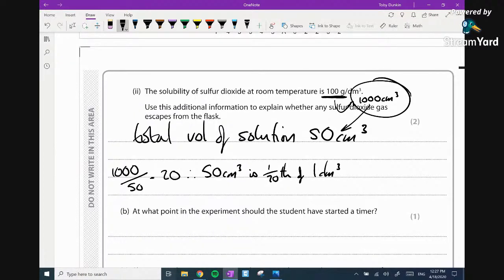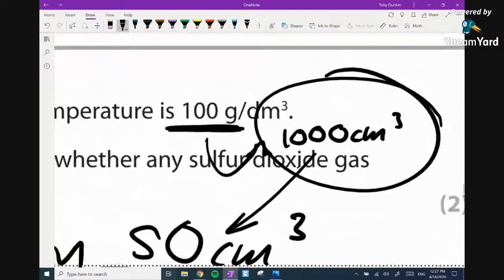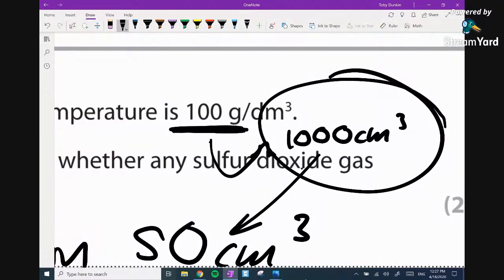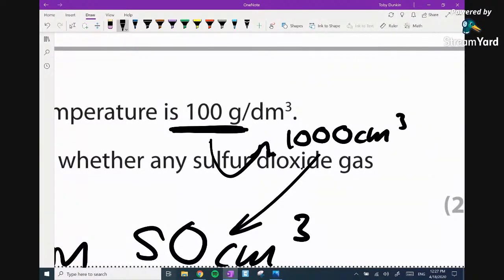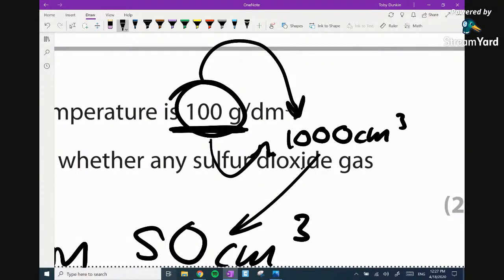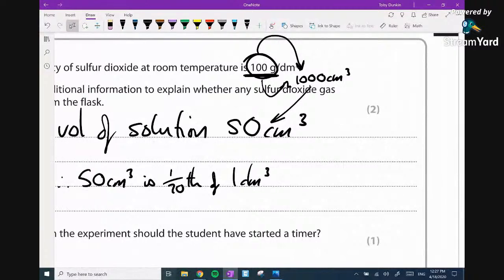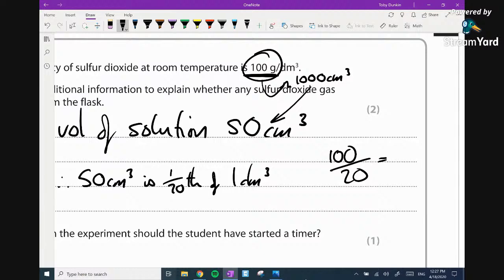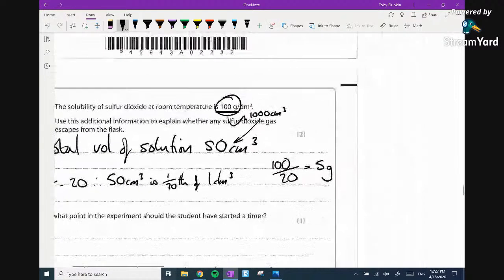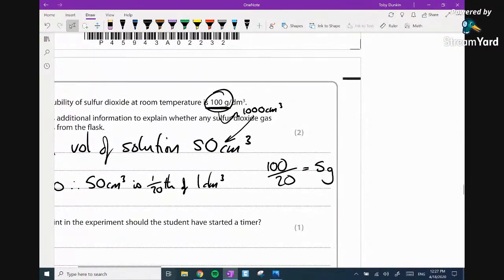Right, so if that's the case, if I can hold 100 grams in 1,000 centimeters cubed, and I have a 20th of that, I can hold a 20th of that mass as well. So I'm going to do 100 divided by 20. So 100 divided by 20 gives me 5. So 5 grams of sulfur dioxide could dissolve in that volume of water.